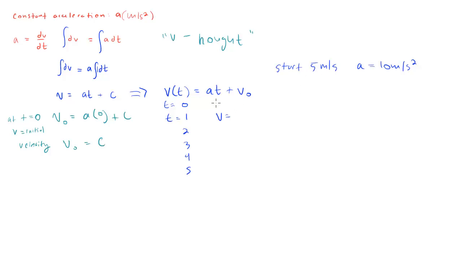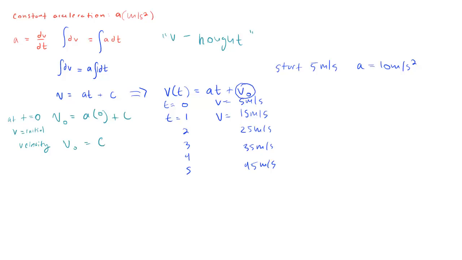And so you're still going 5 meters per second. Then after 1 second, you have the 5 meters per second you started with plus 10 more. And then here you have the 5 you started with, the 10 you gained in the first second, and then 10 more. So then you get 25. And the pattern continues, 35, 45 meters per second.